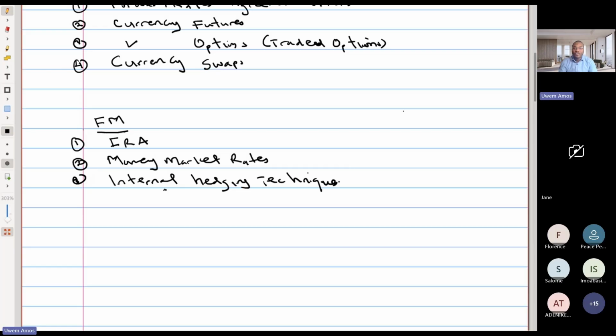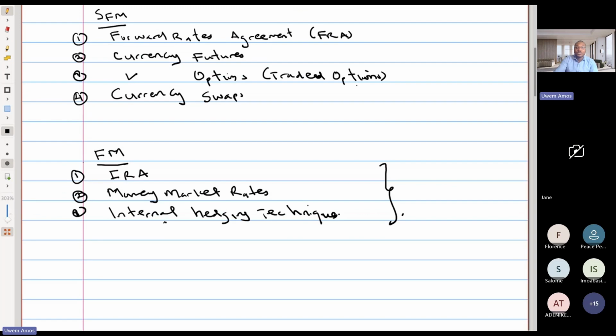So if our question has any of these methods, we would skip it because those are FM. Those are methods that have been moved to FM, and then we'll focus on just this one.